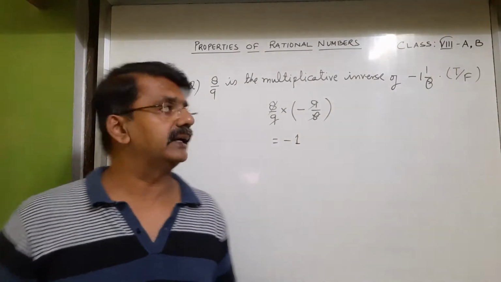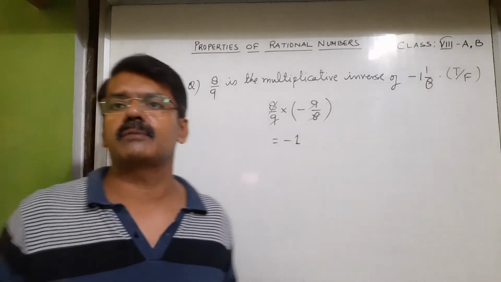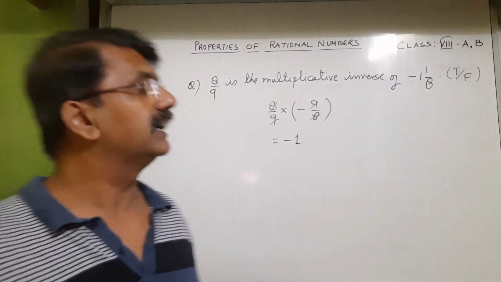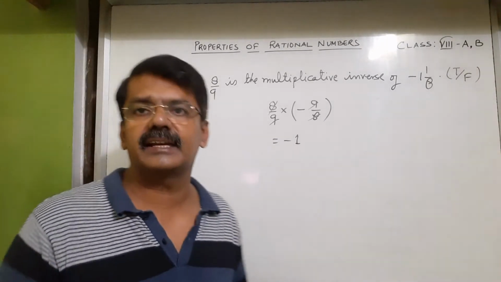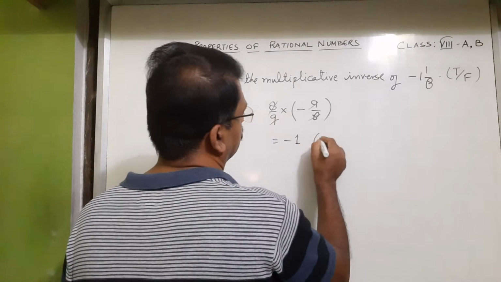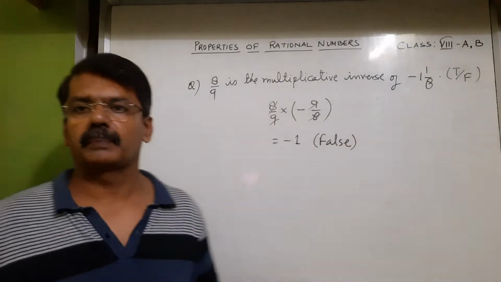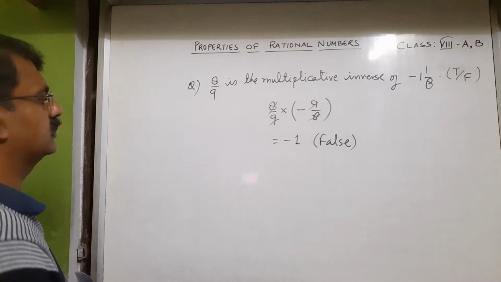Here the answer is minus 1, so it is false. 8 by 9 is not the multiplicative inverse of minus 1 whole 1 by 8. But they are saying that they are multiplicative inverse, so the answer is false. Okay, next question.